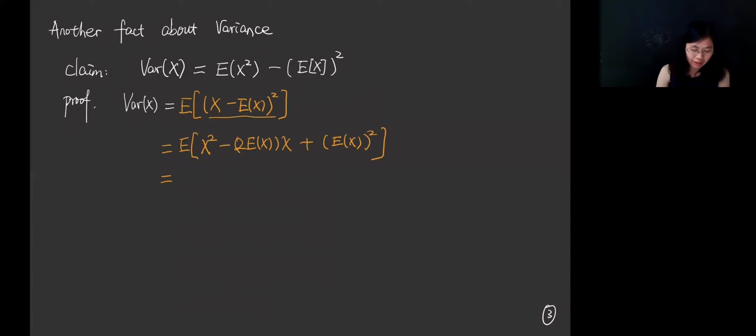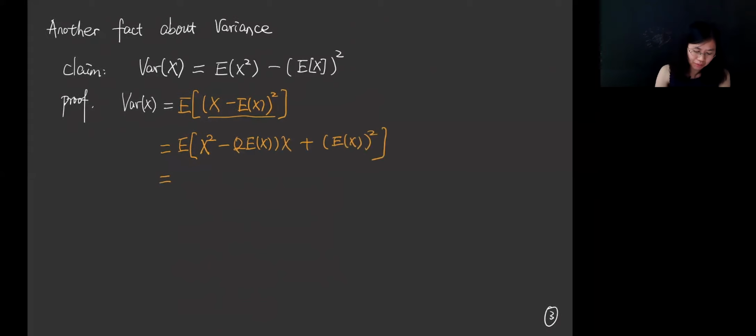By the linearity of expectation, this equals the sum of the expectation of each of the three terms. So that equals the expectation of x squared minus the expectation of 2 E of x times x plus the expectation of E of x squared.